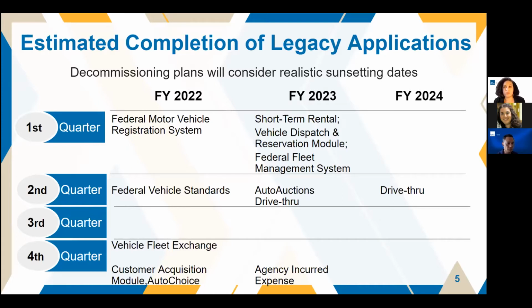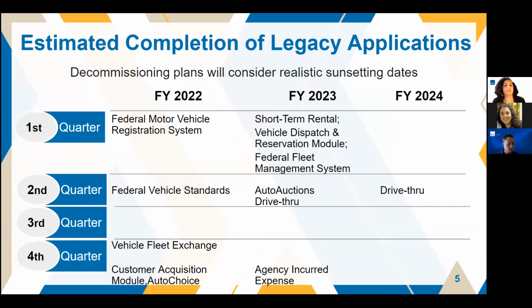We'll be working with you to make sure that you have the training that you need and are up to date with our releases. In the beginning of FY22, winter of FY22, we'll be releasing the FMVRS, which will be housed in gsafleet.gov. So the new vehicle registration service will be on there at the beginning of FY22, which is what we'll be presenting on today.